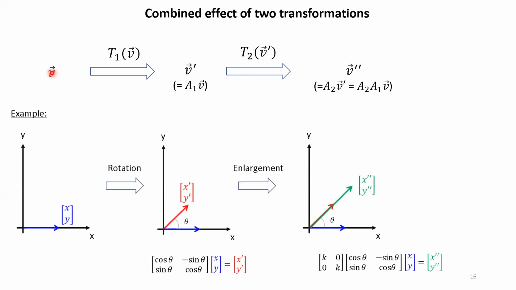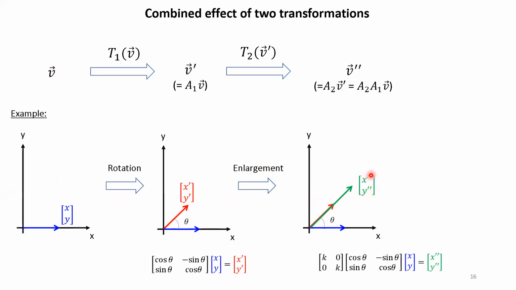Here is an example. Suppose I start with this blue vector, and then I do a rotation and get this red vector here. After that, I do an enlargement or scaling to make the magnitude of this red vector bigger, and at the end I get this green vector.